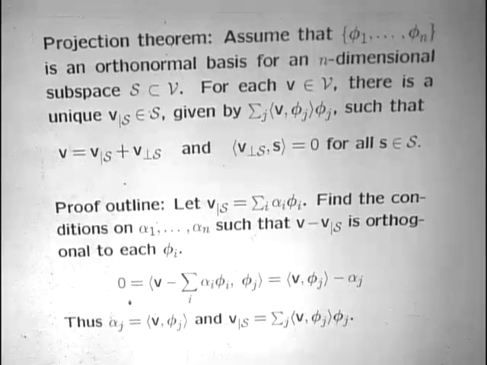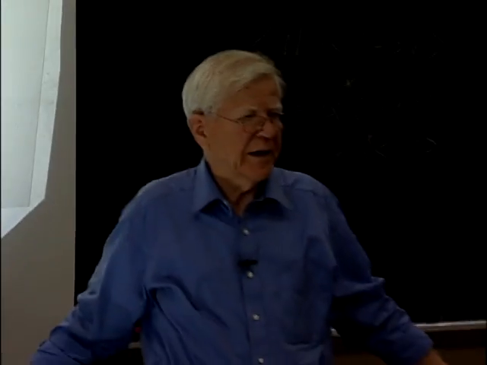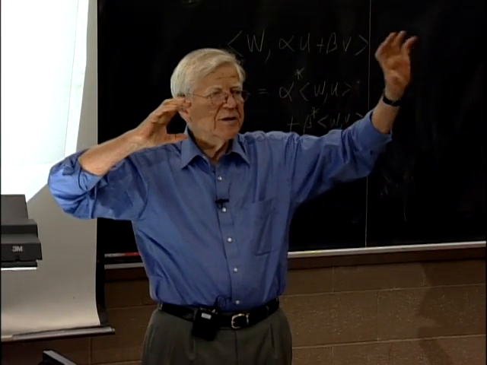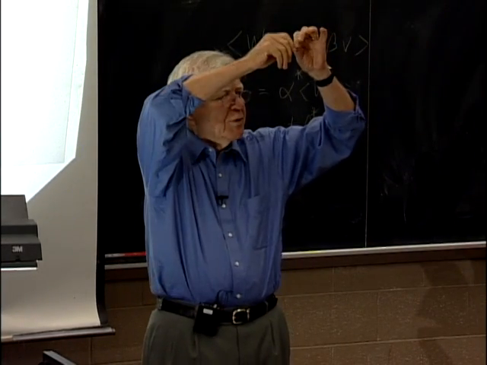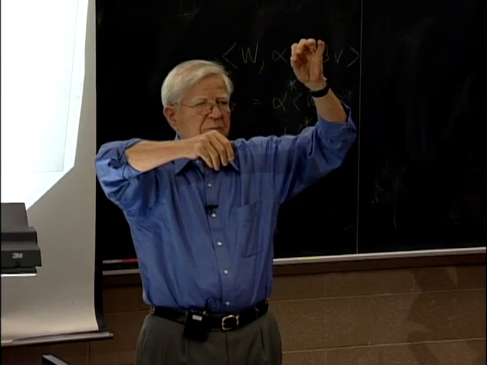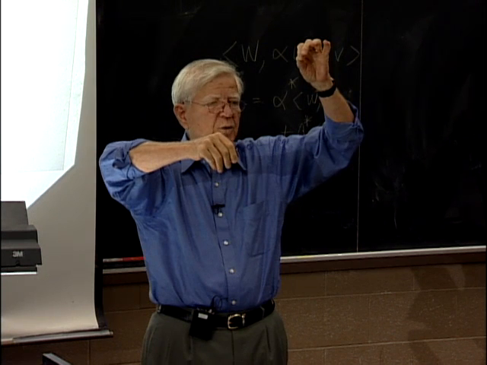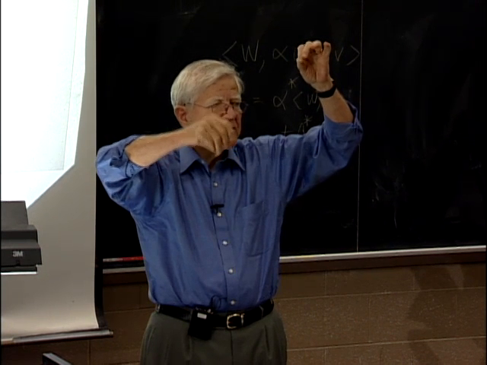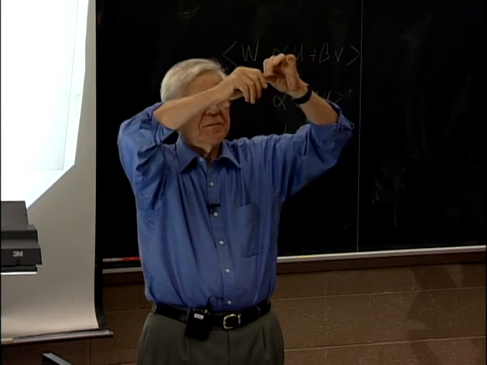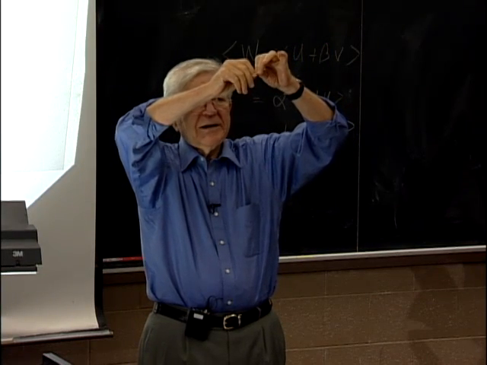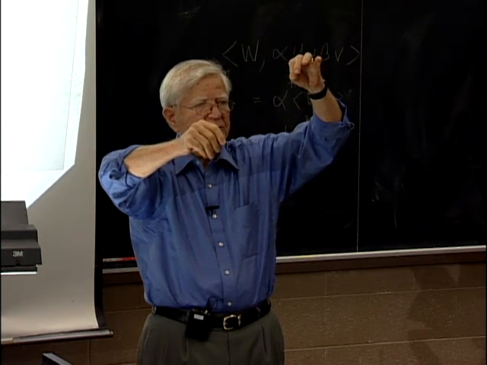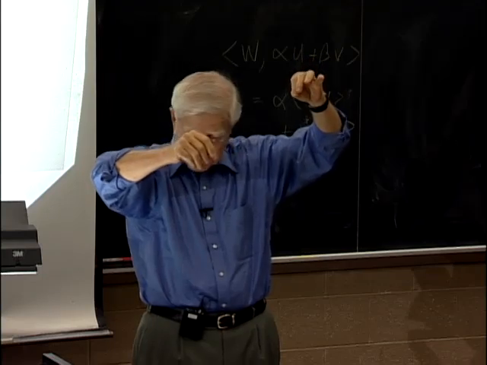V is this big space around S. What I want to do now is take some vector in the big space and project it onto the subspace. And by projecting it onto the subspace, what I mean is I want to find some vector in the subspace such that the difference between v and that point in the subspace is orthogonal to the subspace itself.